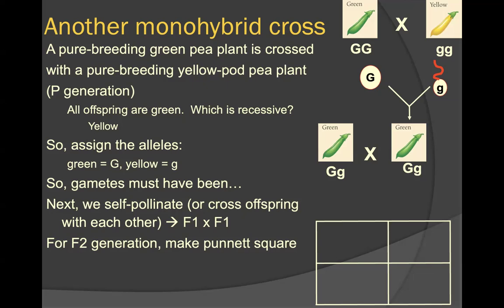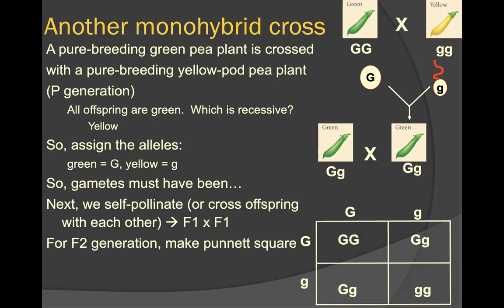So if we have a heterozygous individual, big G, little g, we now have to consider what kind of gametes this individual would produce. If I had a hybrid individual as such, it would produce half of the gametes with a big G, and the other half of the gametes would be a small g. Similarly, for the other parent, we would have the same kind of gametes produced. Half of them would be a big G and half would be a small g.